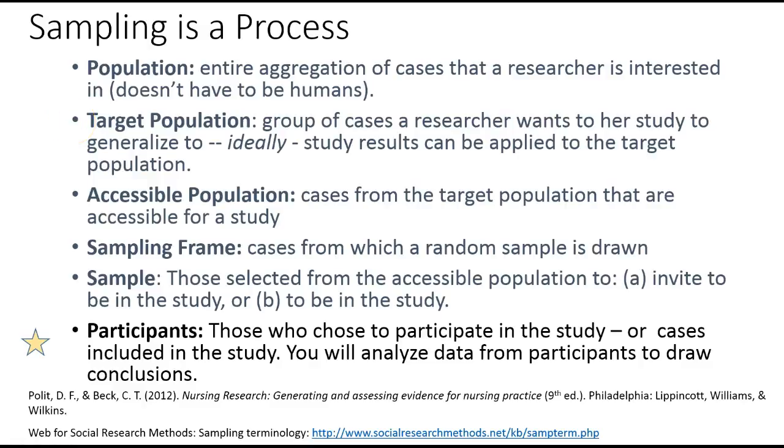So the next step down is to think about who in that target population you can access. Now that's a pretty interesting question. Let's say your target population are patients having a certain condition in the hospital or clinic where you work.